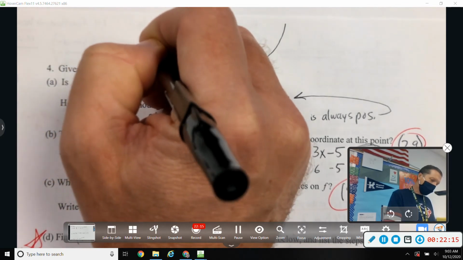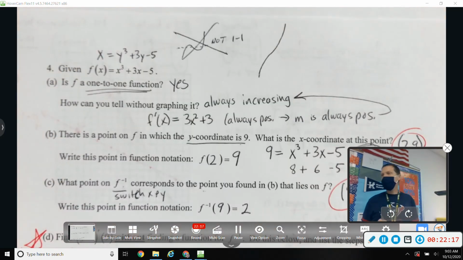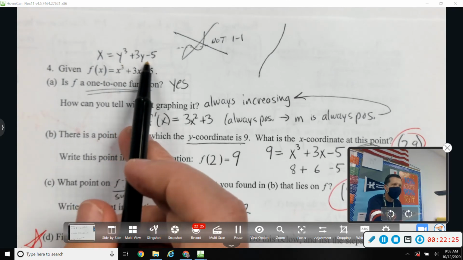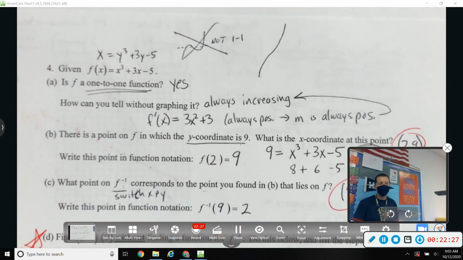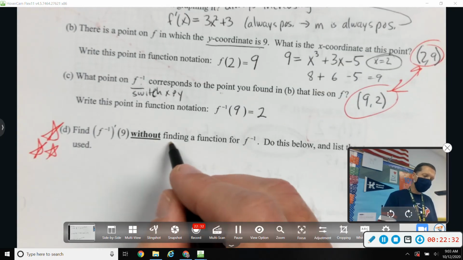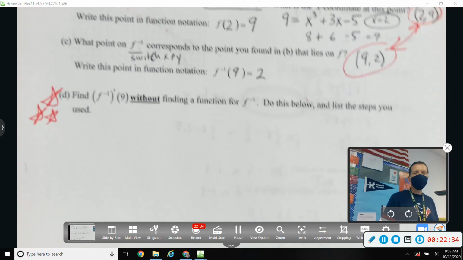That's the inverse. But I can't solve that for y. And I guess I could do implicit and do 3y squared dy dx plus 3 dy dx. I don't really want to do that. That's a lot of work. And it specifically tells me don't find that inverse function.